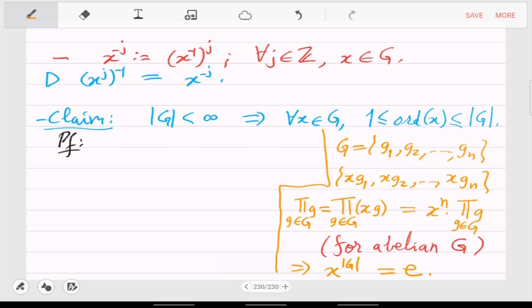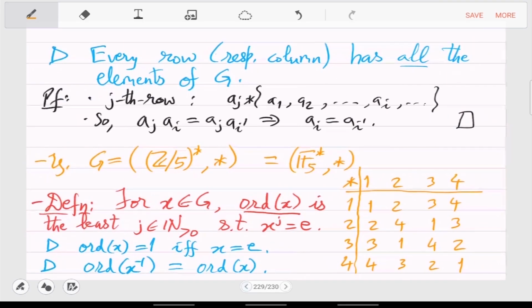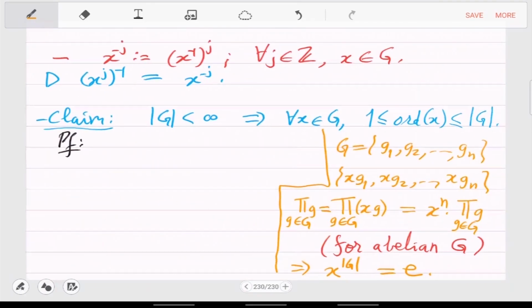Yeah, so we do this nice trick, which is you look at the group which is generated by a single element, that is x. So yeah, let's just call that a cyclic group.